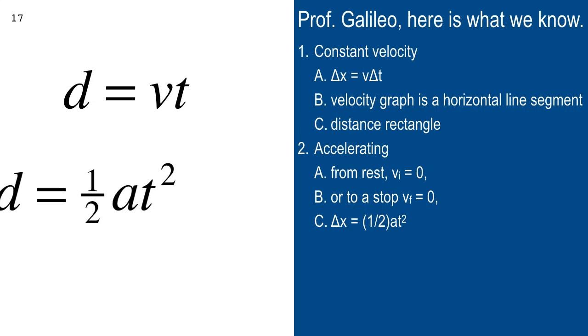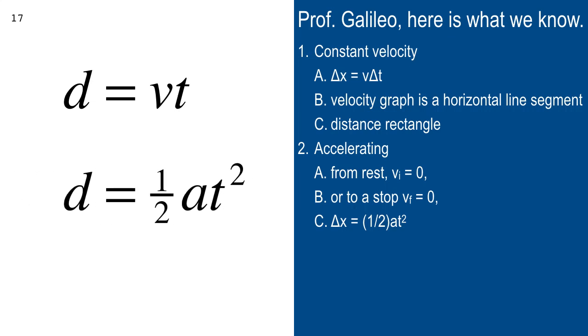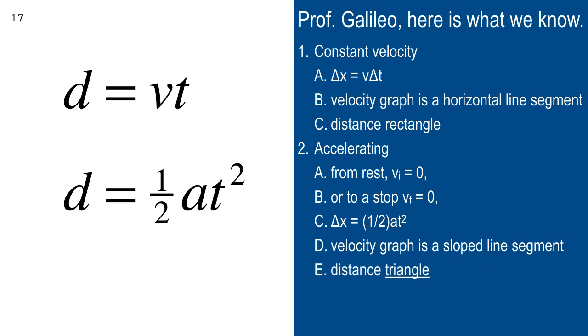Distance equals 1/2 at squared. On a velocity graph, that's a sloped line segment, and the triangle is formed between that line segment and the time axis. So that's the distance triangle.